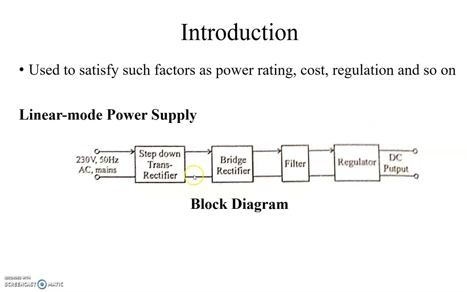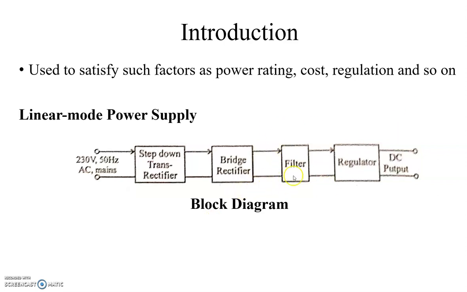This is a block diagram representation of the linear mode power supply. The transformer supplies 230 volt 50 Hz AC voltage at the desired level. This bidirectional AC voltage is converted into unidirectional voltage using the bridge rectifier.